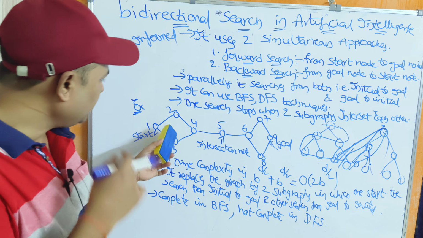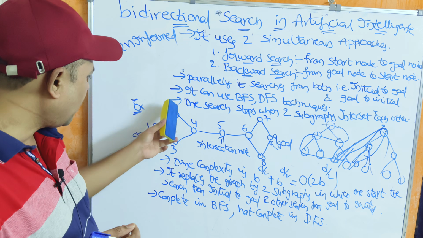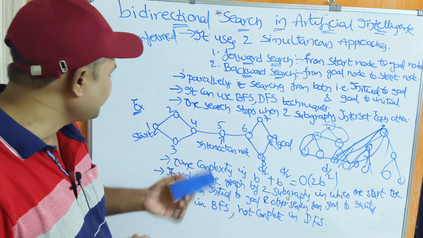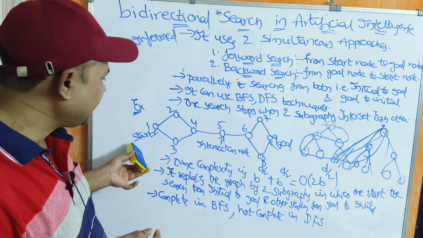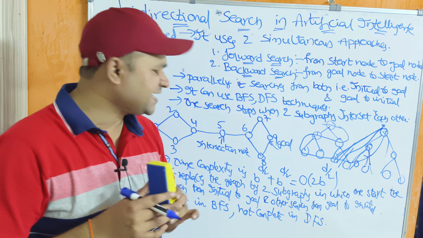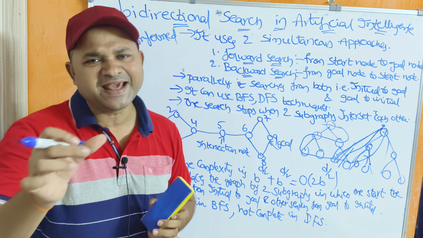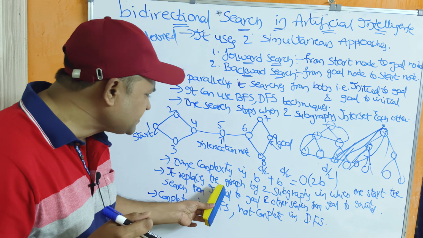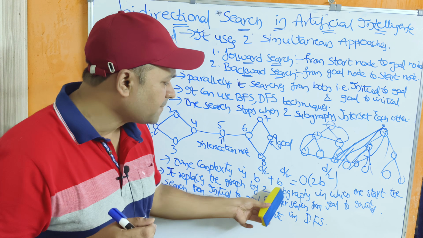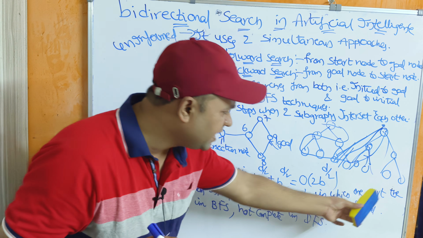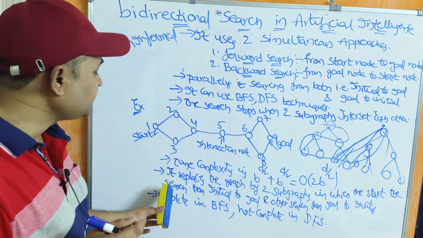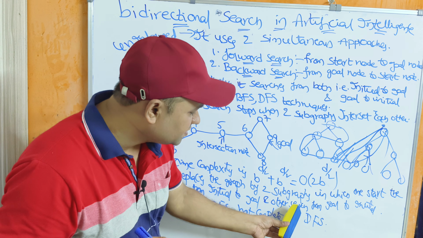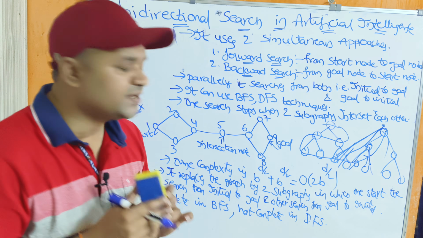Okay. So let's take this graph. Here 1, 2, 3, 4, 5, 6, 7, 8, 9. So we have 9 nodes. 1 is taken as the start node, 9 is taken as the goal node. In bidirectional search, it replaces the given graph by two subgraphs, in which one starts the search from initial to the goal and the other searches from goal node to the initial node.